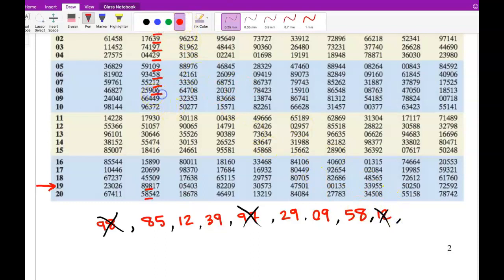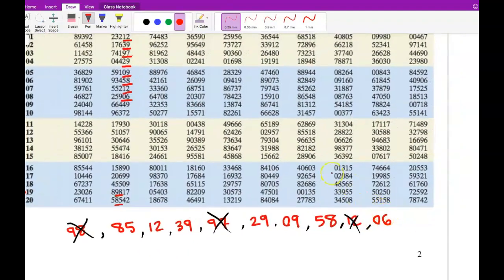Next one, 6. Let's see how many we have. We should have 9 in total: 1, 2, 3, 4, 5, 6, 7. I need 2 more. 49. One more, 72.